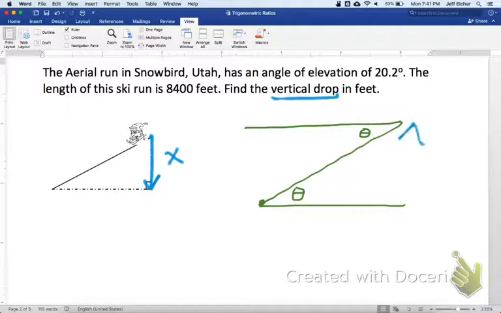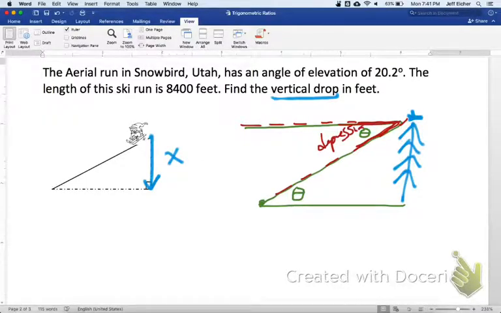So say there's some tree, my best try at a tree, and there's a bird up in the top of the tree looking down, and the bird's line of sight is like that. It forms with this horizontal line that's parallel to the ground this angle, which is the angle of depression. And then this one is the angle of elevation.